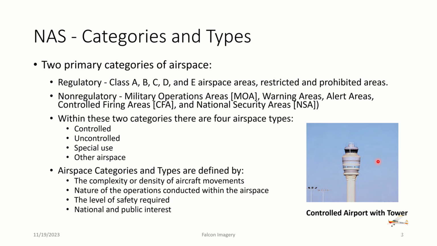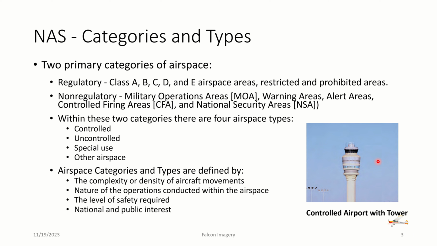And then airspace categories and types are defined by the complexity or density of the aircraft movements, the nature of the operations conducted within that airspace, the level of safety required, and national public interest. So for example, the largest airports in our country are classified as Class Bravo airspace because they have a high density of air traffic coming into them.